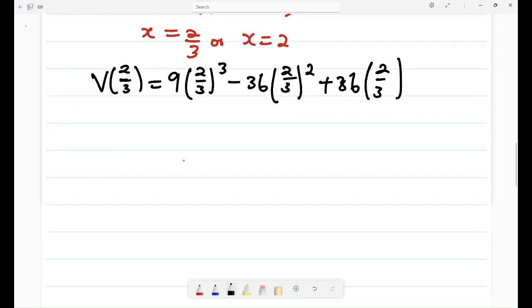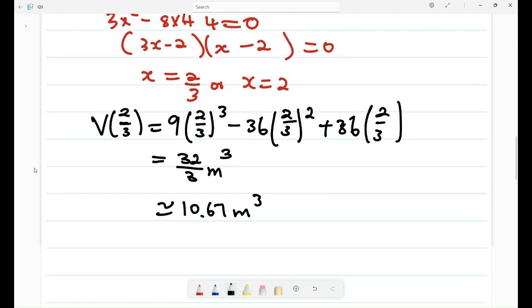The answer that I get is 32 divided by 3 meters cubed, or someone might say it is 10.67 meters cubed.